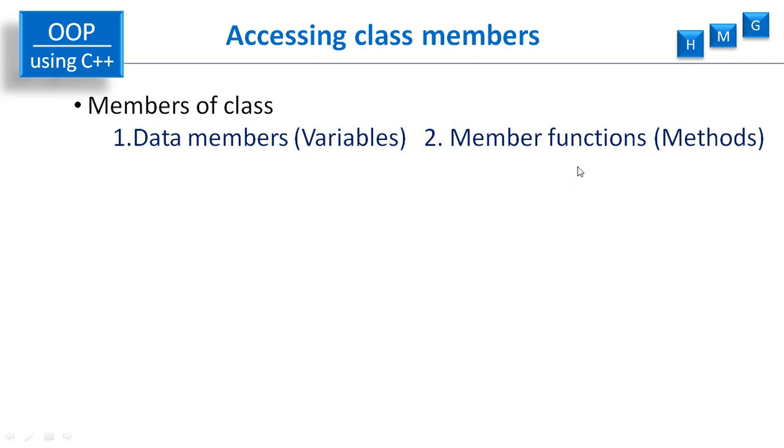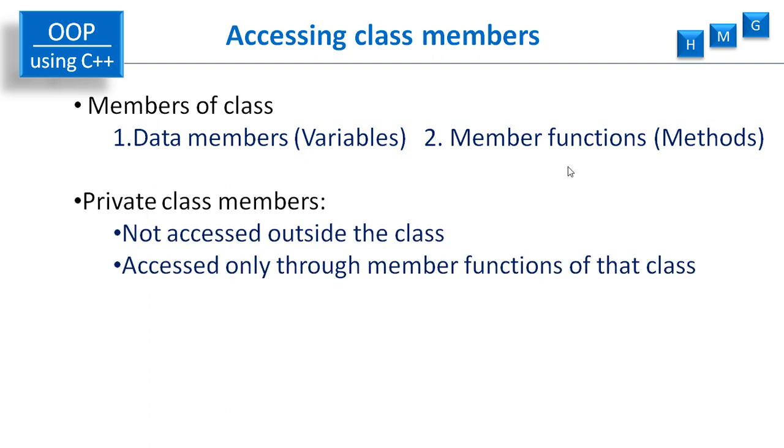Private class members. There are two types of sections we have seen in the class, private and public. The rule for private members is different and the rule for public members is different. Let us see first of all the private class members. They cannot be accessed outside the class. The object cannot access the private class members; they are accessed only through member functions of that class.